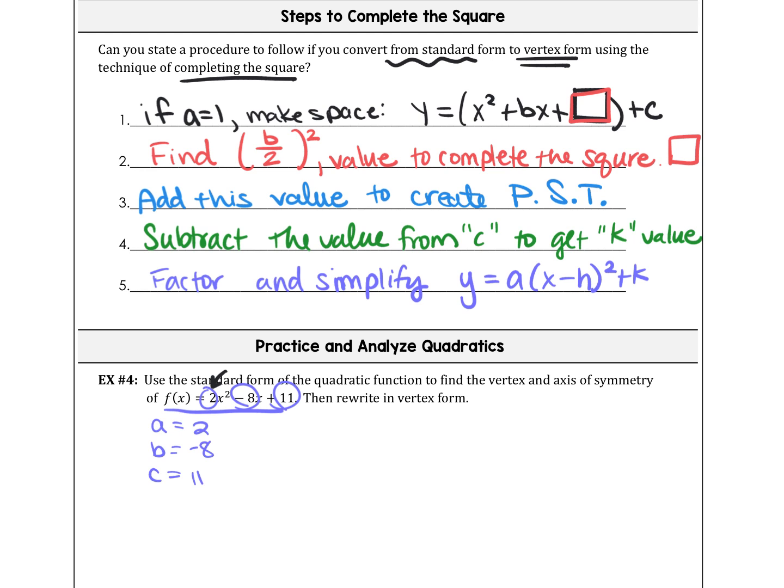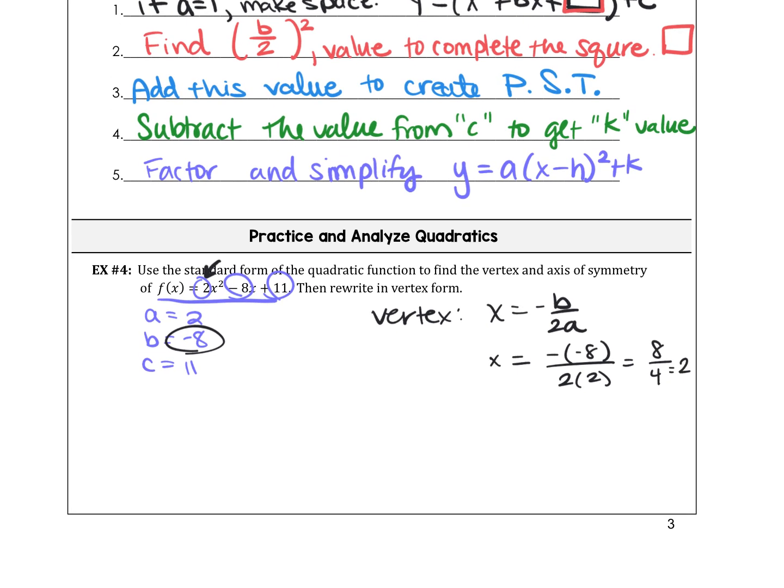So what we can do to find the vertex form is find what the vertex is. In order to find the vertex, remember, x equals -b over 2 times a. So negative times b, which is -8, all over 2 times a. That's going to be +8 over 4, which is 2, my x value.